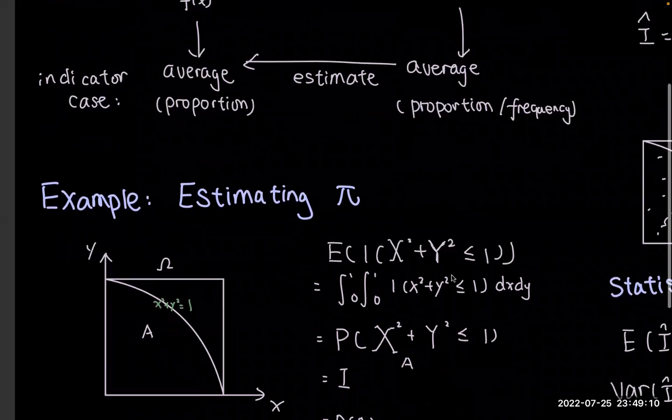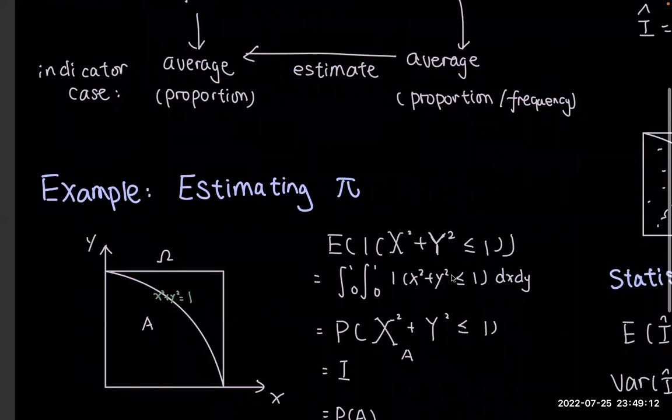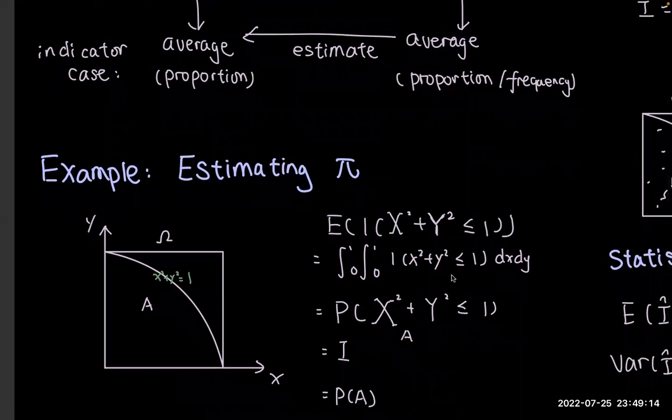So if you look at the example for estimating pi that we studied last time, we have this unit square, and then we have this 1/4 of the circle on the positive range where x squared plus y squared equals 1.